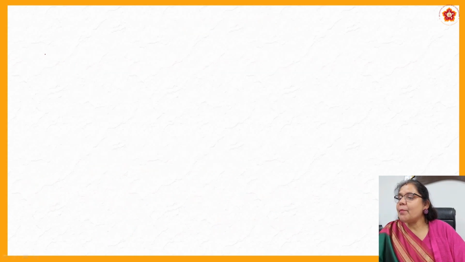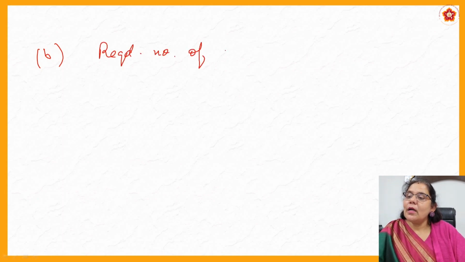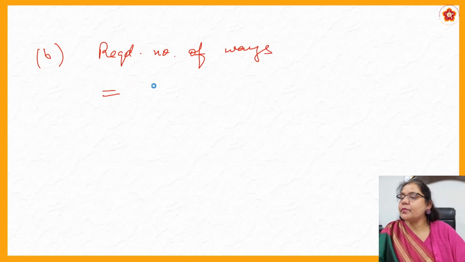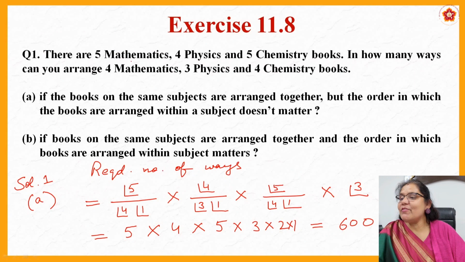The first part remains the same because we have to choose the number of books from the given set of books. 5 mathematics books were there, we had to choose 4. 4 physics books were there, we had to choose 3 physics books. 5 chemistry books are there, we have to choose 4 chemistry books. So that part will remain as we have done in the first A part.